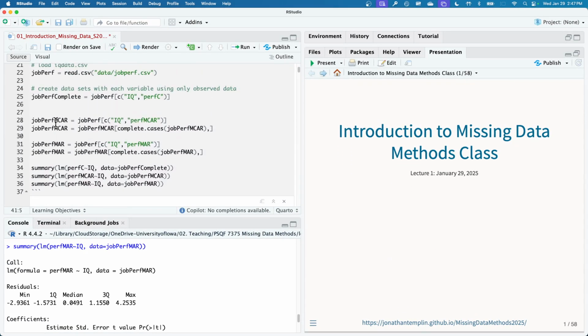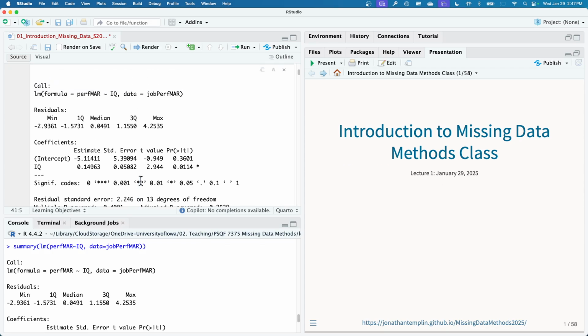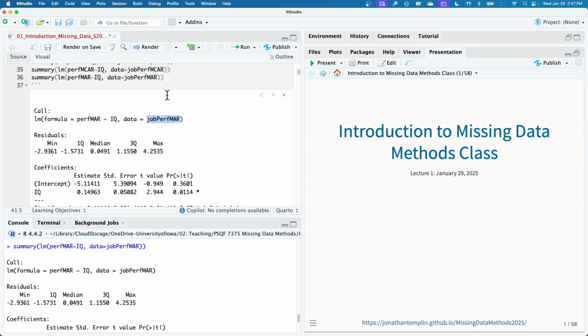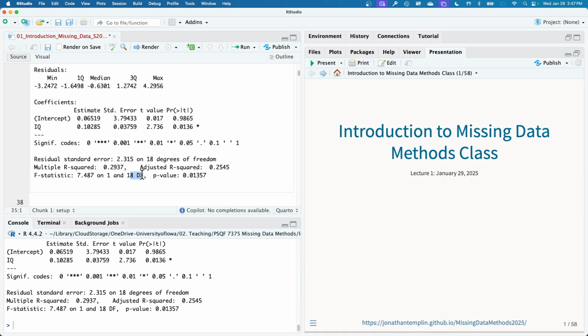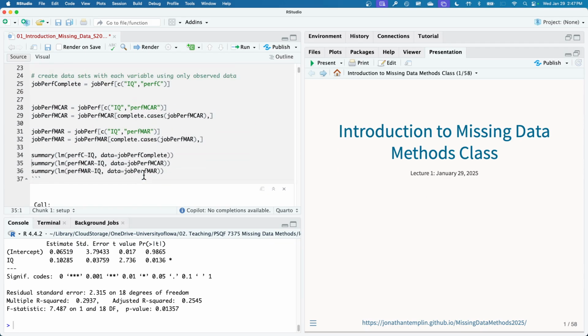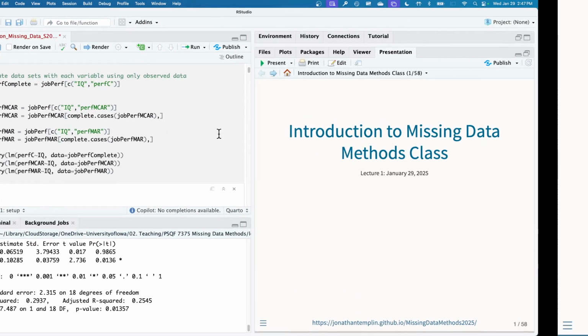Here, these data, I have 13 degrees of freedom when I ran missing at random, and I have 18 degrees of freedom when I have the complete data. So what's happening is it's just removing those observations altogether, right? And actually, that's y, not x, so that's not a good example.